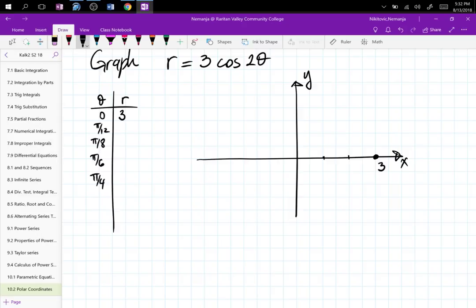The next point is pi over 12. Angle is pi over 12. Plug that in, get pi over 6. Cosine of pi over 6 is root 3 over 2. So this works out to be 3 root 3 over 2. Calculated roughly, 3 square root of 3 divided by 2 gives about 2.6.